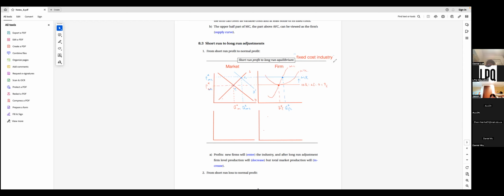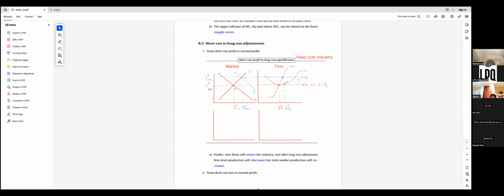So AP is very friendly, and in this chapter they usually make an assumption like this: we just assume the industry is a fixed cost industry. So luckily, you don't need to consider how the price of production factors has changed during COVID-19.